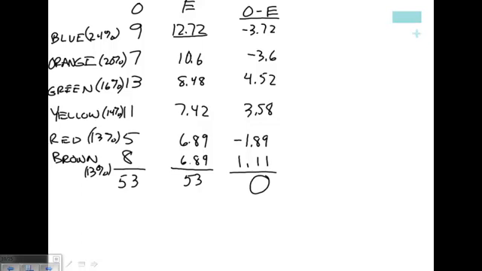Can you confirm that? Did you calculate it? I'd like you to. So, O minus E, not a good measurement of how unusual the group is.